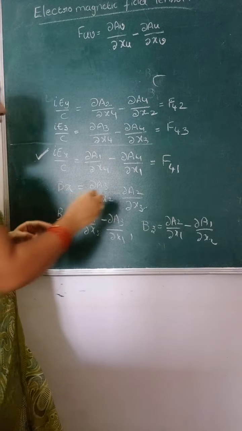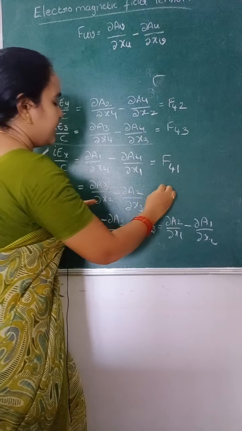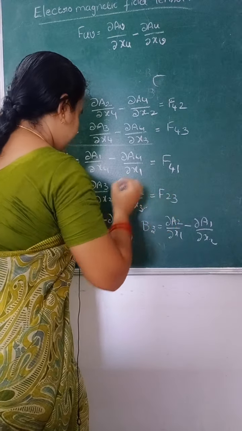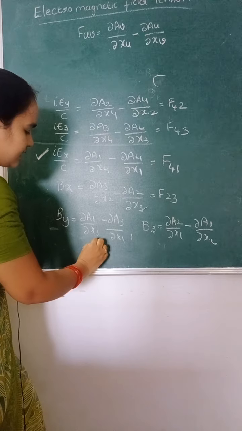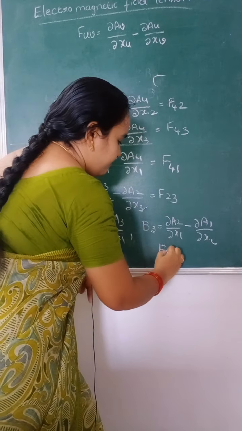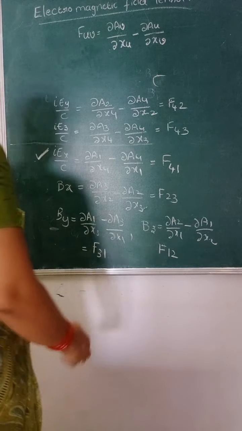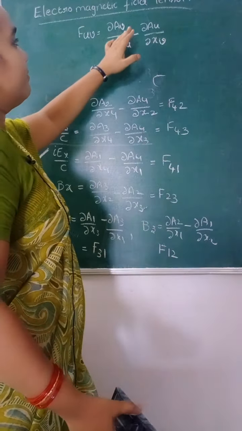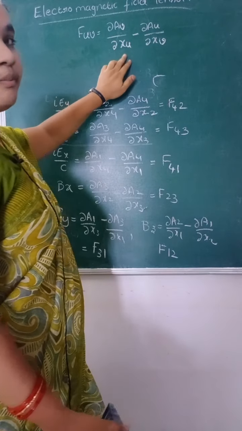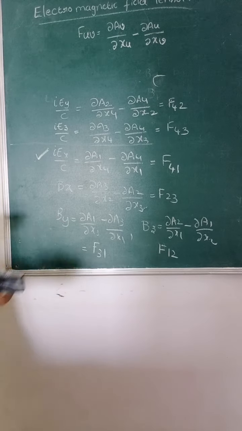Similarly, bx can be written as, here u is 2, v is 3, then F23, and by is written as F31, bz is written as F12. So these are the different components of electromagnetic field vectors, all together represented in the tensor form.